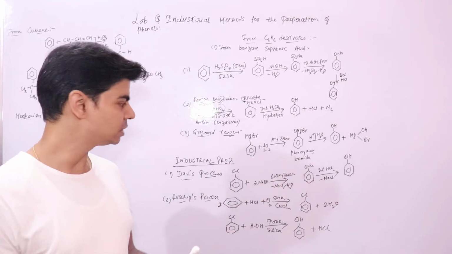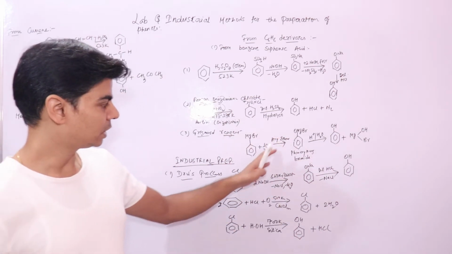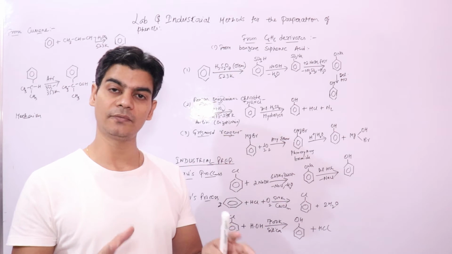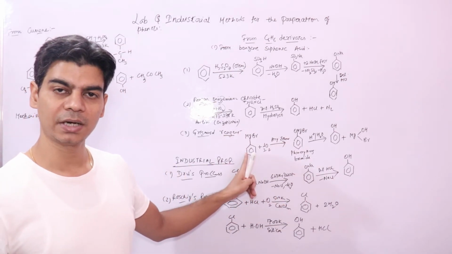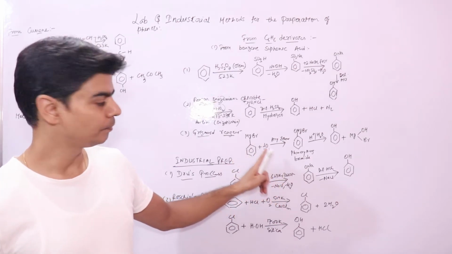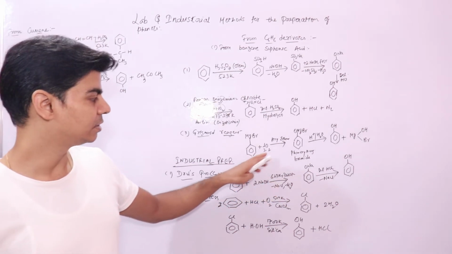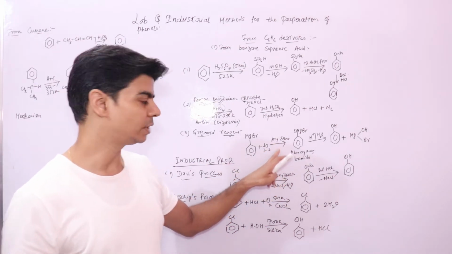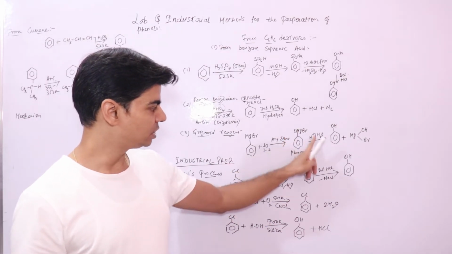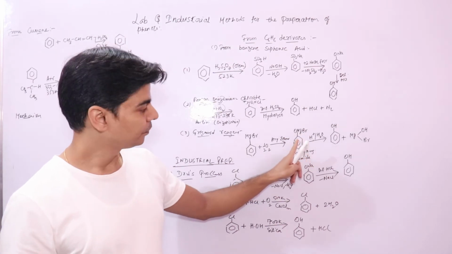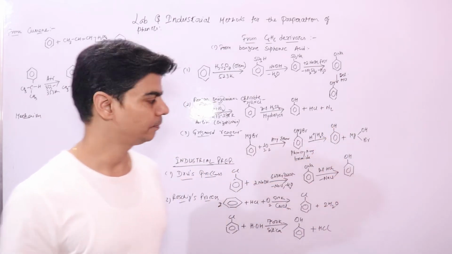We know that we need absolutely dry conditions with Grignard reagents, because Grignard reagents will break down in the presence of water to form hydrocarbons. It will immediately form benzene if we don't use dry conditions. That is why dry ether. You pass oxygen, it forms phenoxy magnesium bromide, OMgBr. Then phenoxy magnesium bromide will undergo hydrolysis to give you phenol, right?